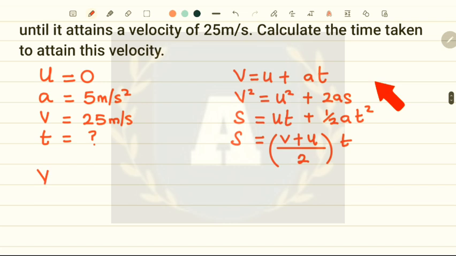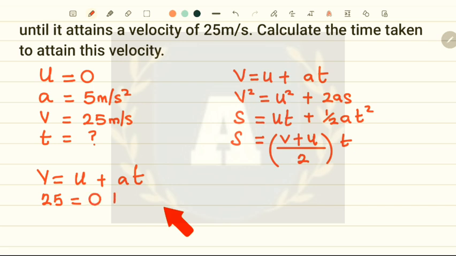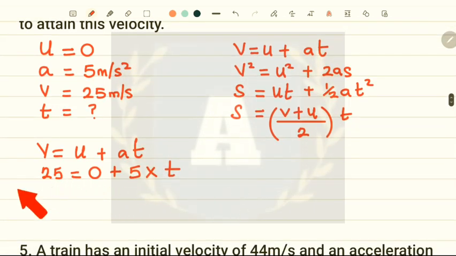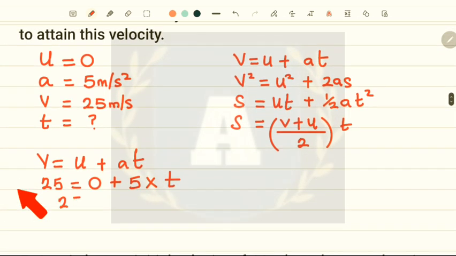So v equals u plus at, and what we want is the time. The final velocity is 25, equal to initial velocity 0, plus the acceleration 5 multiplied by the time we are looking for. So 25 equals 5t plus 0, that is 5t.